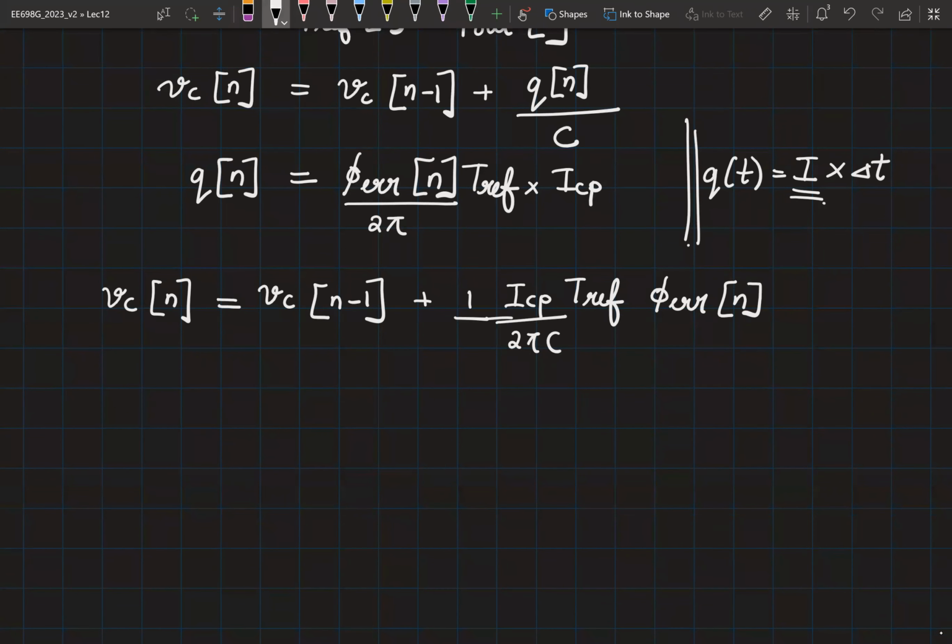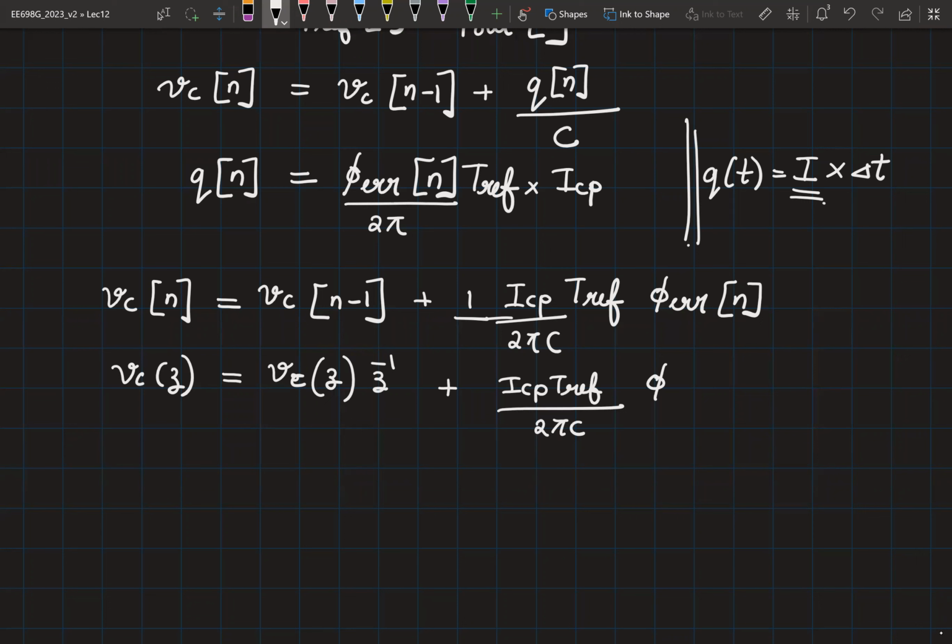So I can now take the Z transform. This is Vc of Z plus Vc of Z into Z inverse plus ICP T ref by 2 pi C into phi error of Z.